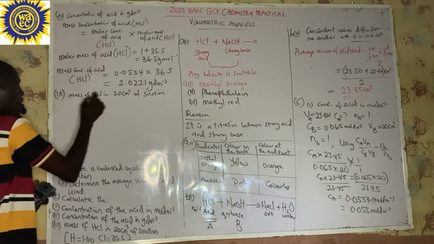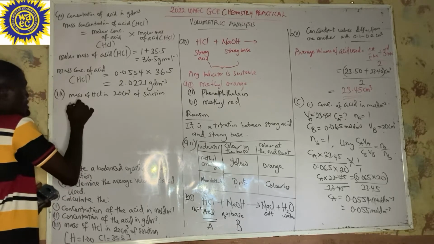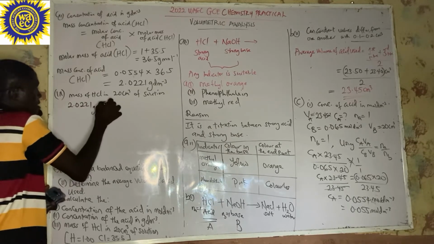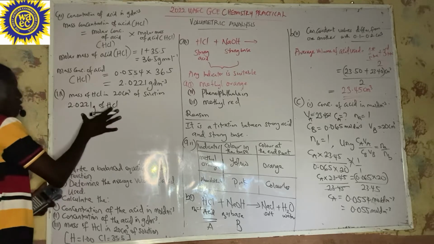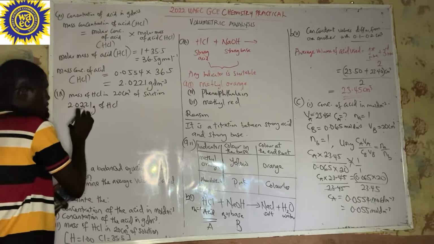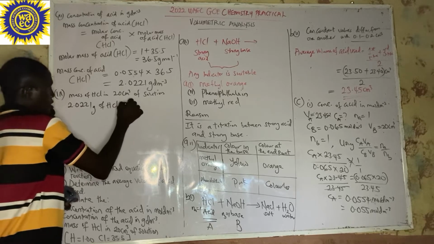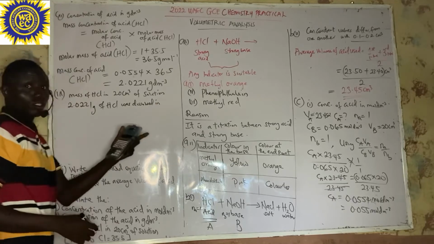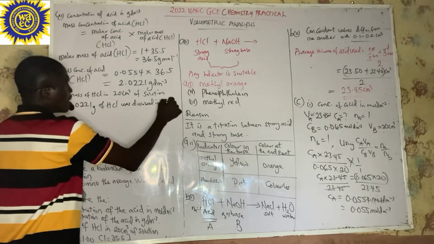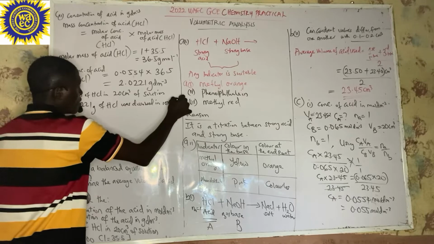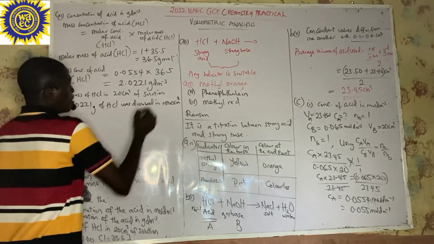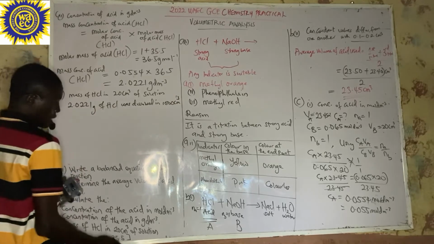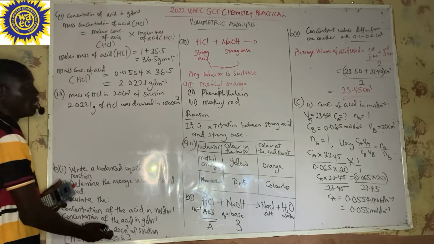It means that 2.0221 gram of HCl was dissolved in 1000 centimeter cube. That's what it means. Now, how many gram of HCl will be dissolved in 20 centimeter cube of solution? So how do you get that?